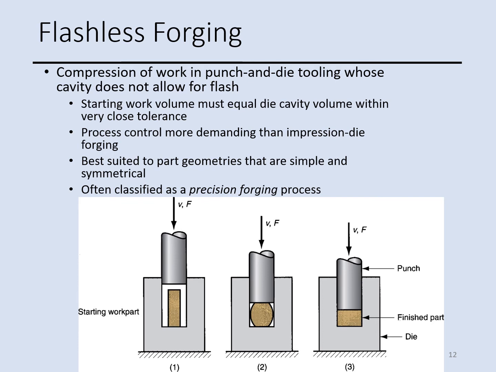It's called precision forging operation. In this schematic, we see 3 different steps in the flashless forging. Here we have just before contact with the workpiece, then the second one we have partial compression, and the last one we have final punch and die closure.